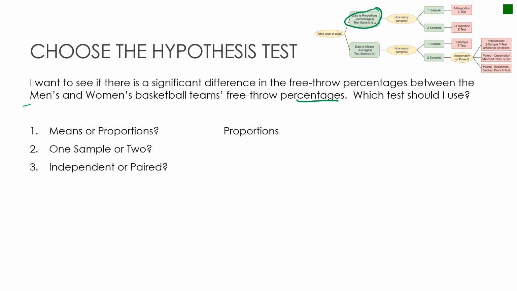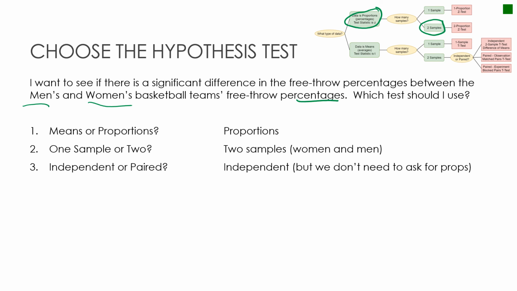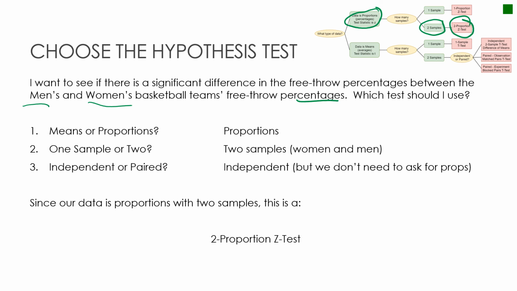I've got a sample of men's free throw percentages and women's free throw percentages, and therefore I have two samples. Now the last question, independent or paired. Notice up on my flow chart, I don't really need to answer that question because we never have paired data for proportions. So what test should I choose? The two proportion z-test.